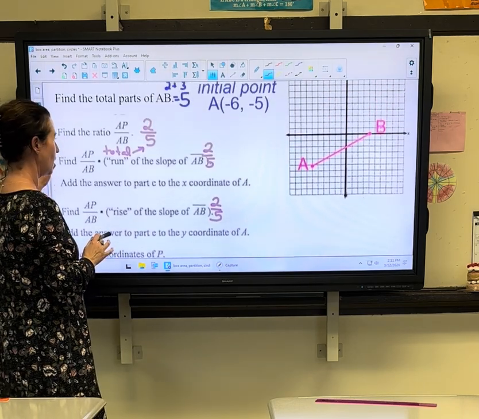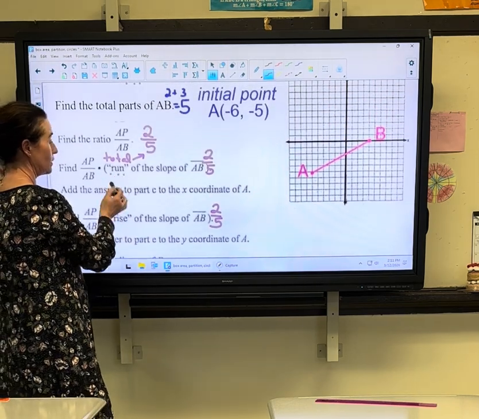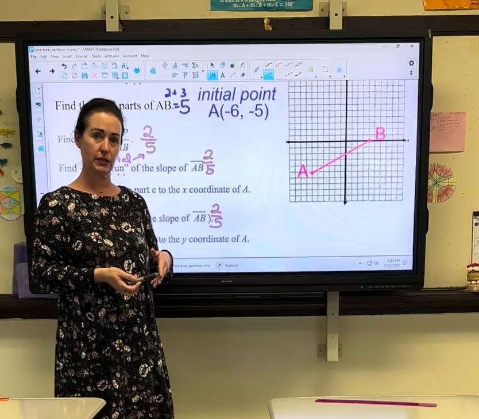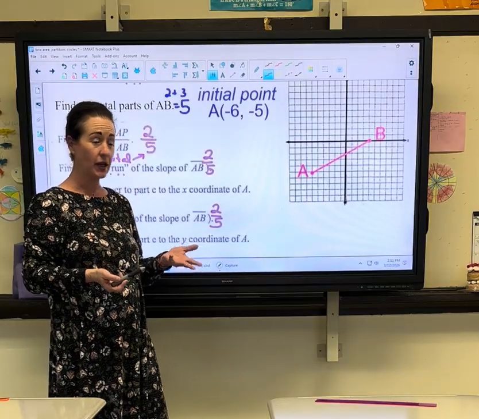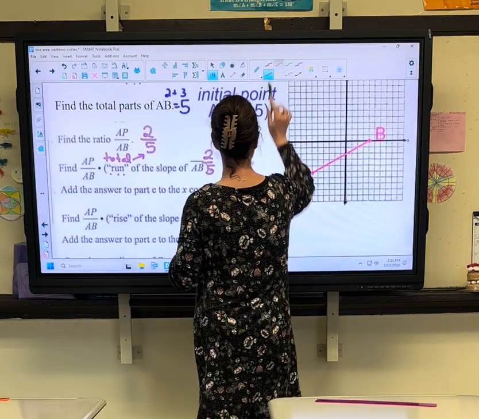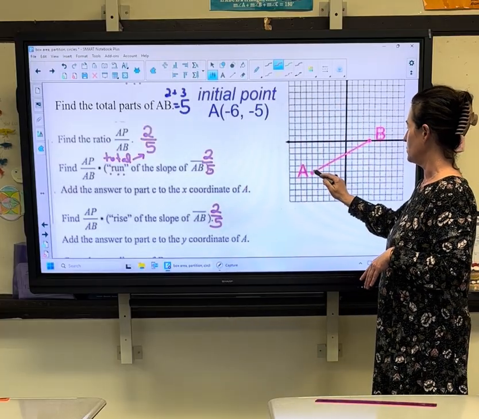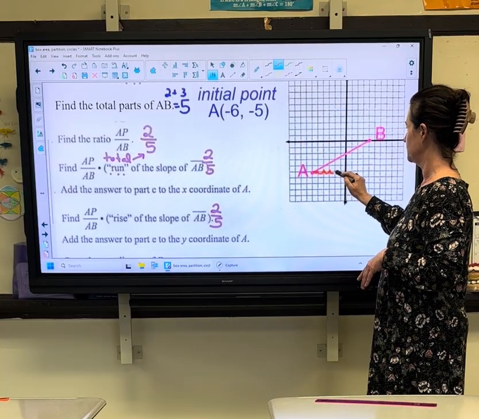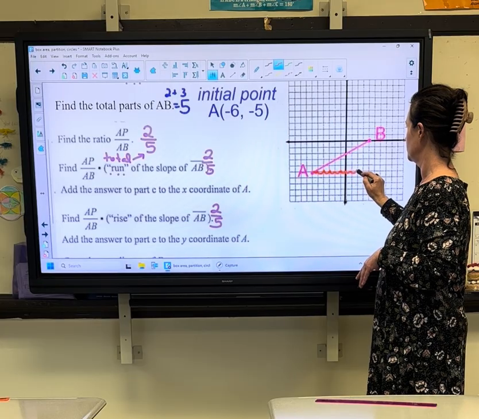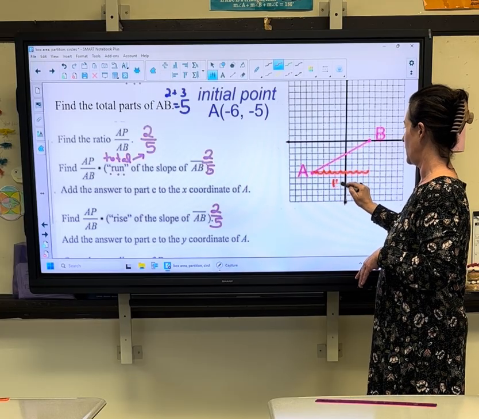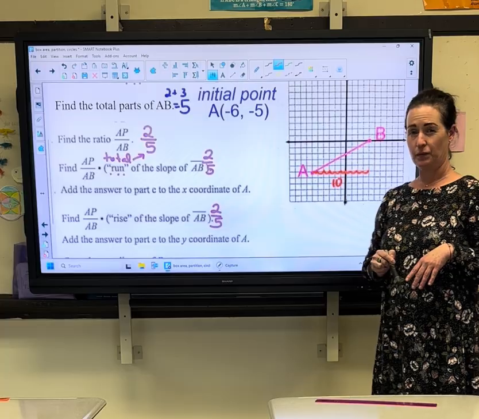From there, I want to find the run, or again the horizontal distance. If I'm doing it graphically, I can just count on my graph how many points over I'm going from A to B. I would have 10 units for my run.